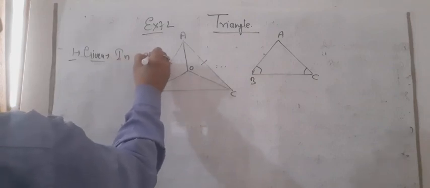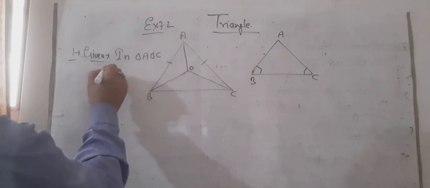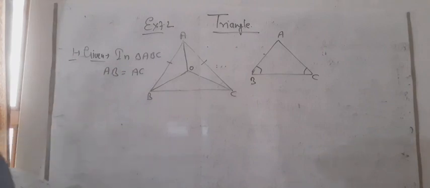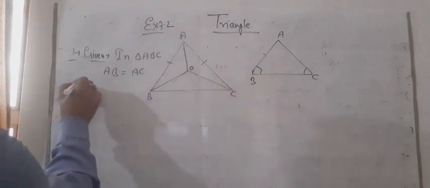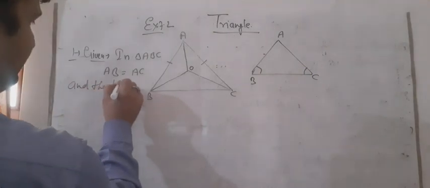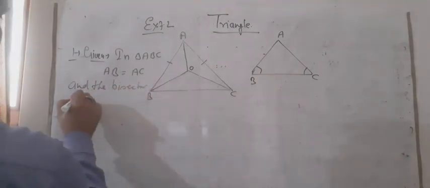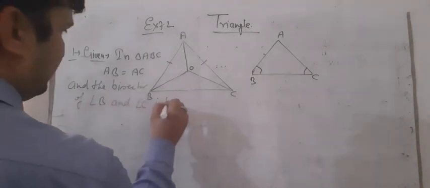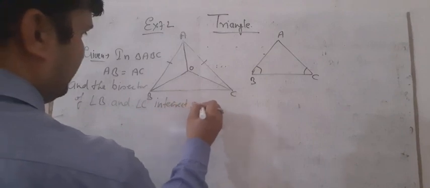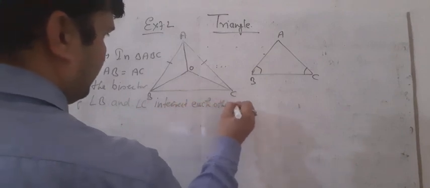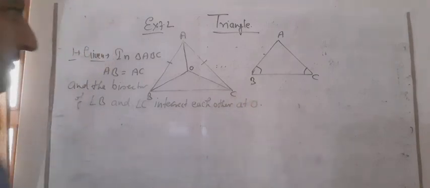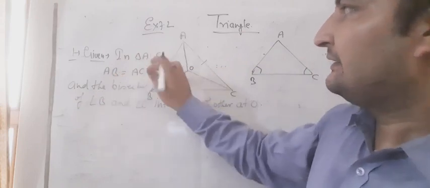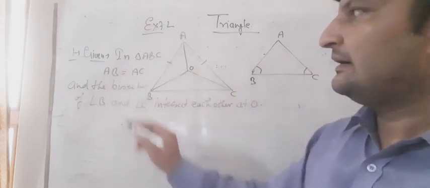triangle ABC it is given that AB is equal to AC, and the bisectors of angle B and angle C intersect each other at point O. It is given, student, that in triangle ABC, AB is equal to AC.